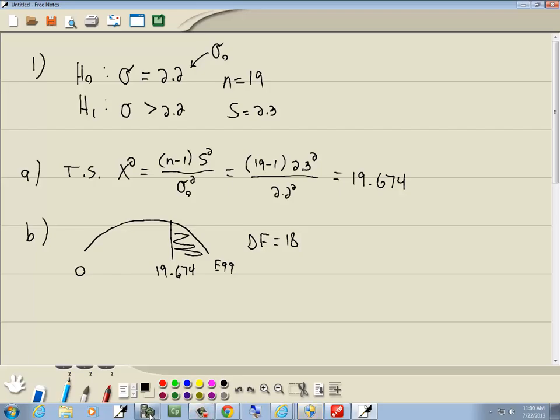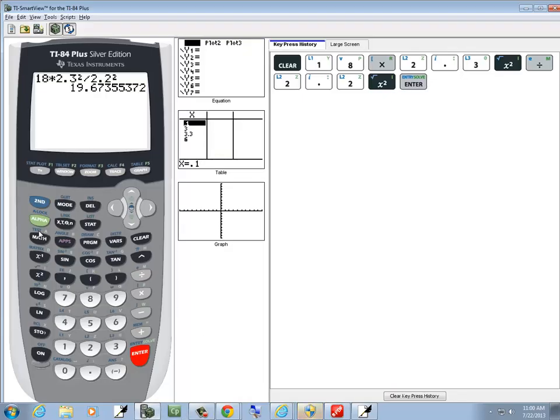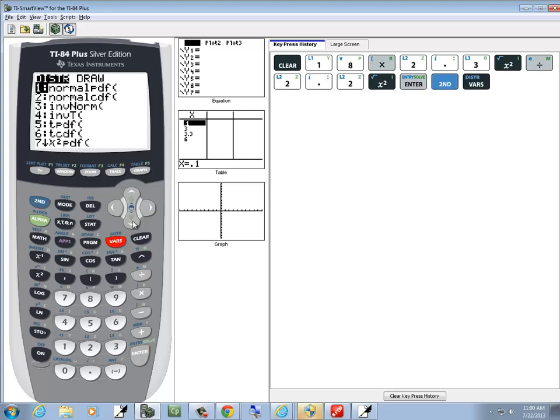Okay. So then, I'll do second vars. I think this is where it's located at. And number 8, our chi-square CDF.